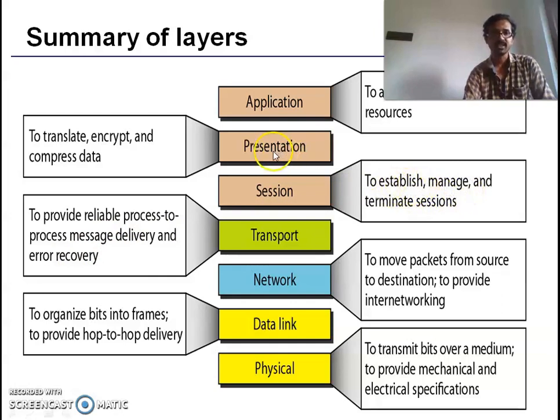And next, the presentation layer provides translation, encryption and decryption, compression and decompression of the data. And the next one is the application layer, to allow access to network resources. Simply put, it provides services to the users. So this is the summary of the OSI model layers. Thank you.